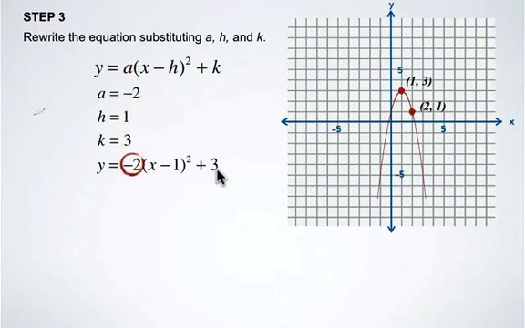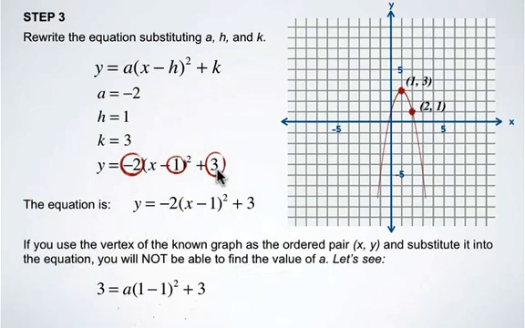There's our a. Our h is 1, so here it is there. And our k is 3, and there you have it. So our equation is y equals -2 times x minus 1 squared plus 3.